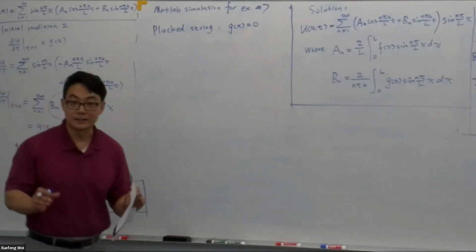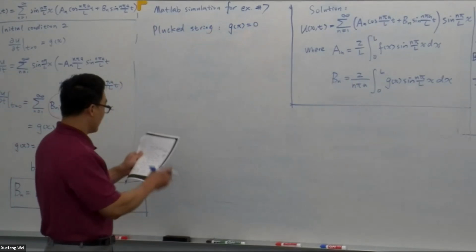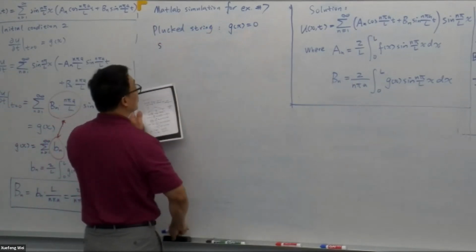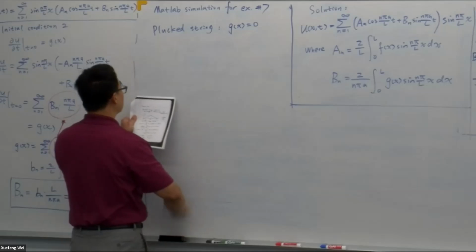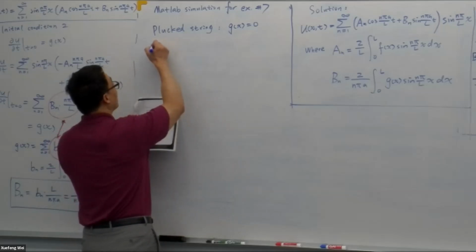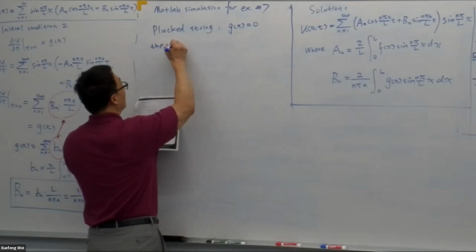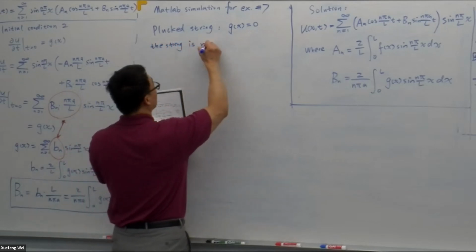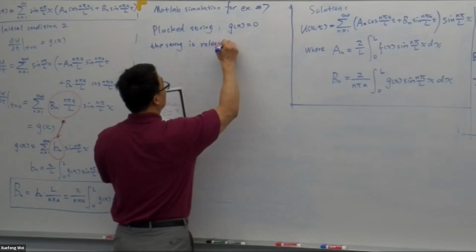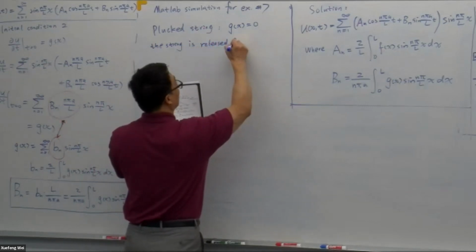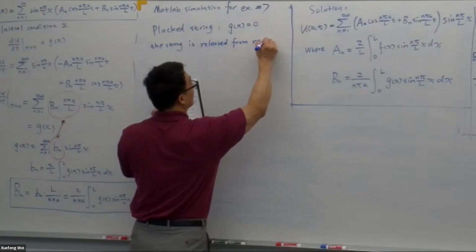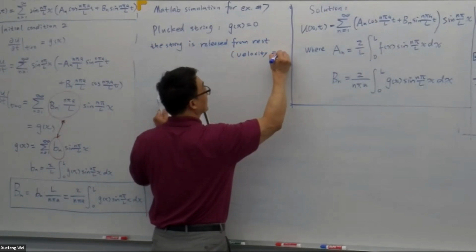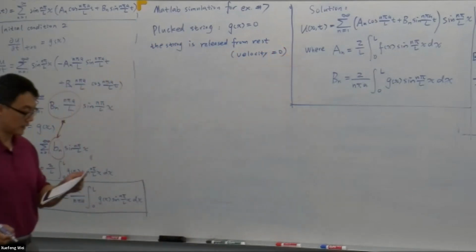That means the initial velocity is 0, so the string is released from rest. Released from rest means its initial velocity is 0.